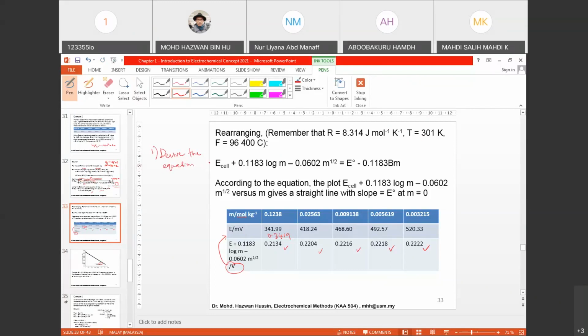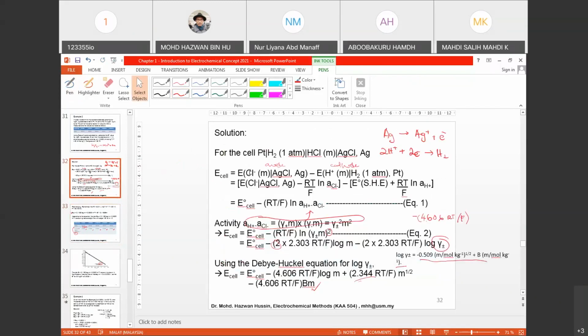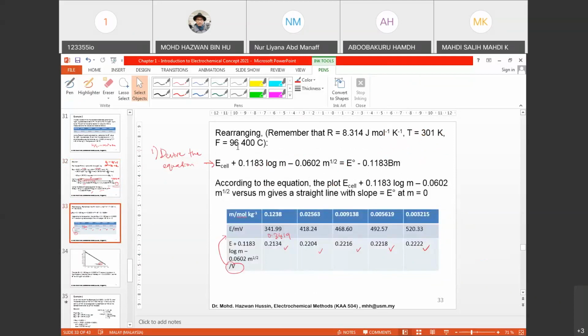The equation that I'm talking about is this one. After you consider the anodic and cathodic, simplify it, and substitute with the Debye-Huckel representation, then you will get this. You substitute these values, you calculate, then you will get this. After you have derived the equation, next is to find the derivative value.